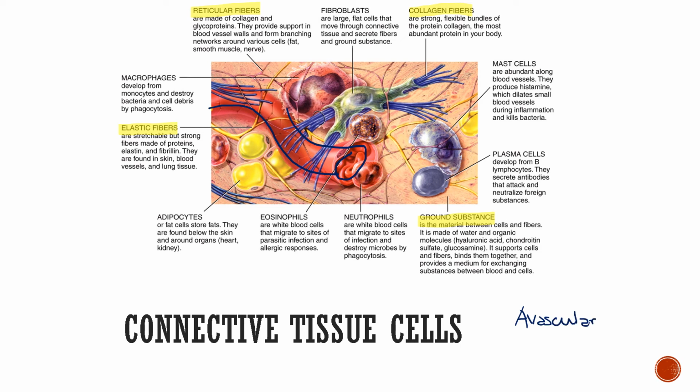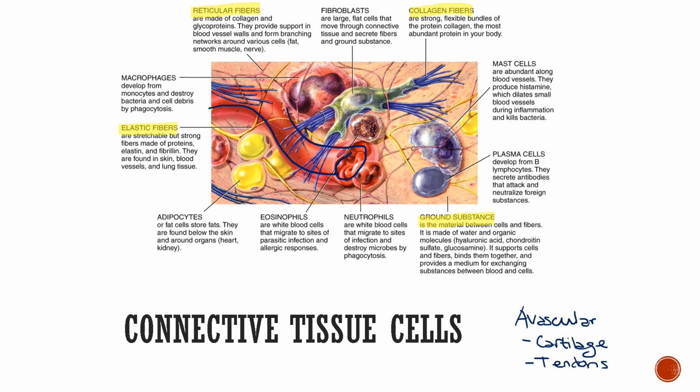Avascular connective tissue would include cartilage. It is completely avascular, and tendons have a very small blood supply. They're not completely avascular, but they have a very minimal blood supply.